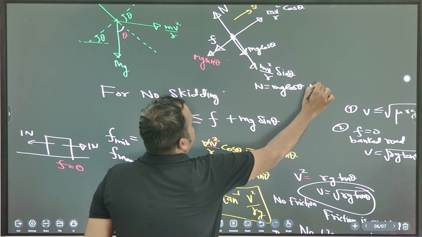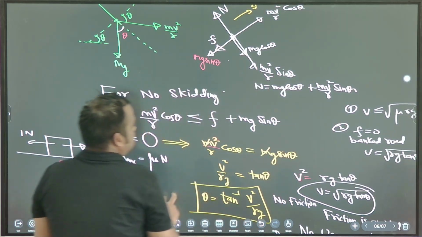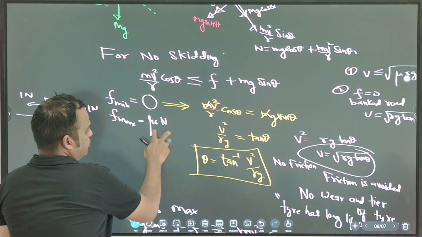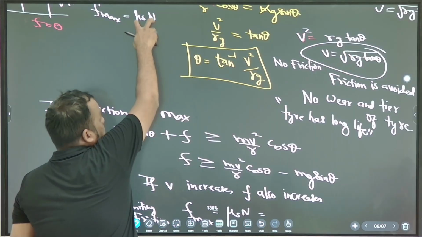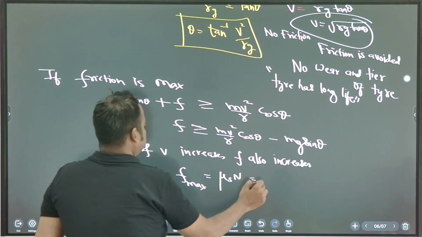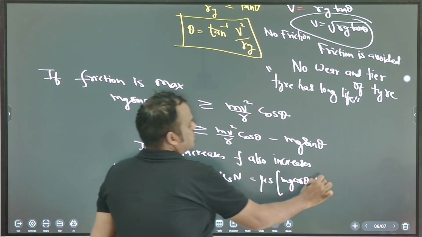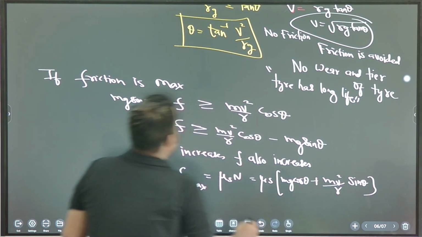Mg cos theta plus mv square by r sin theta. Note down. Now put it here.